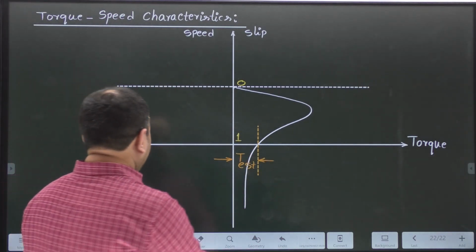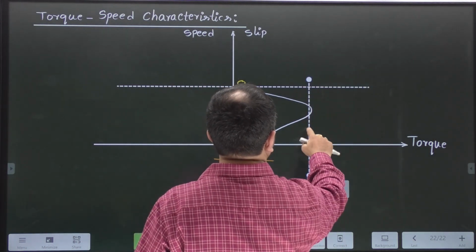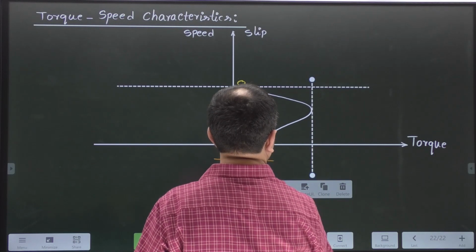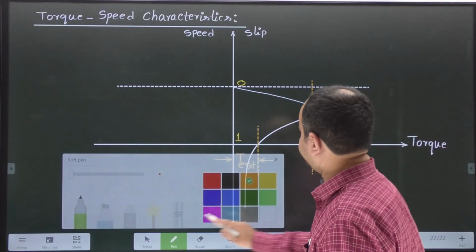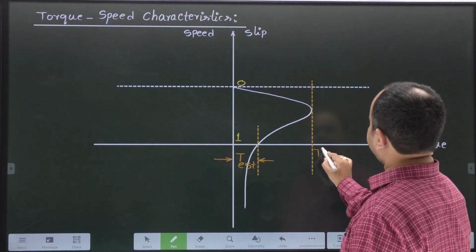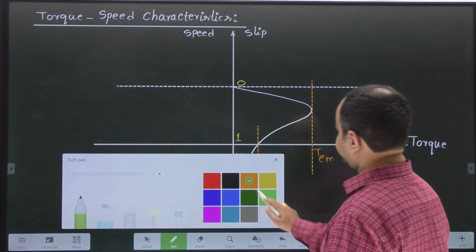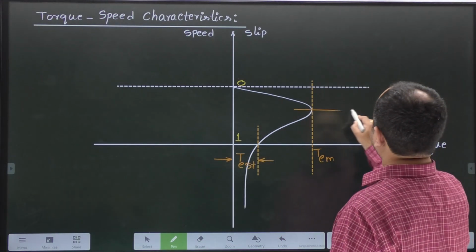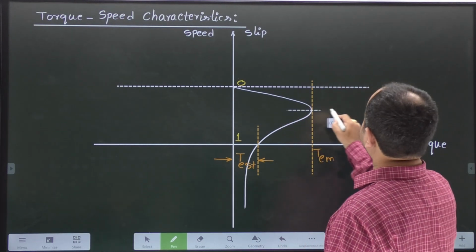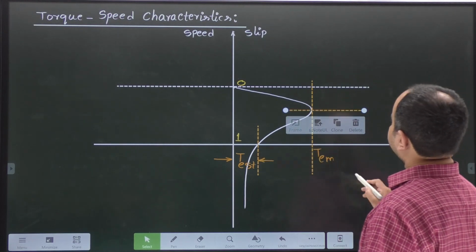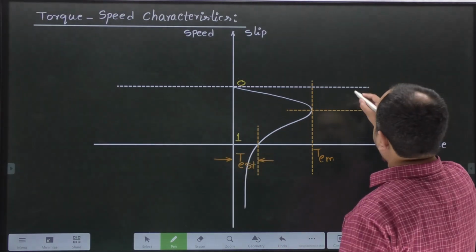Right, and this is the maximum torque. Okay, and here, this is the slip at maximum torque.